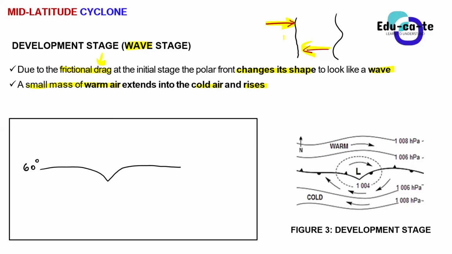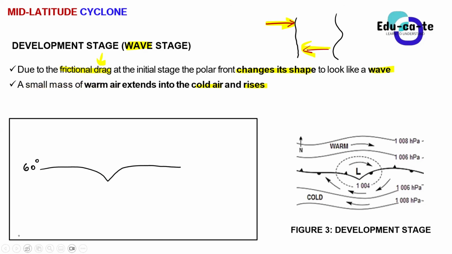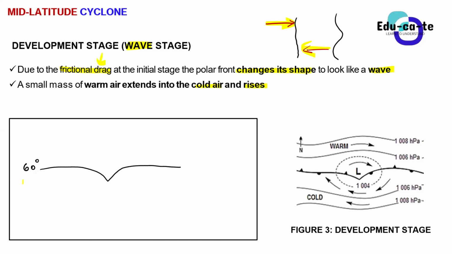Yes, sir. Okay, awesome. So now after the punching and the punching, a small mass of warm air. So some of the warm westerlies, we are no longer going to call them the westerlies anymore. We'll just call them warm air because now there's been a lot that has changed. Okay, they are fighting with each other. They are no longer blowing in the same way.